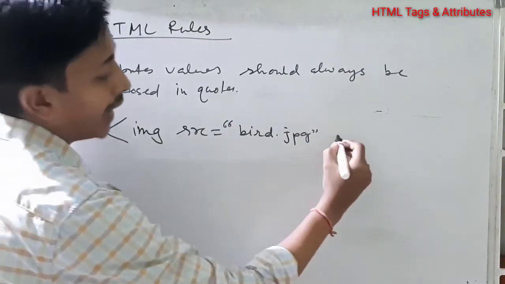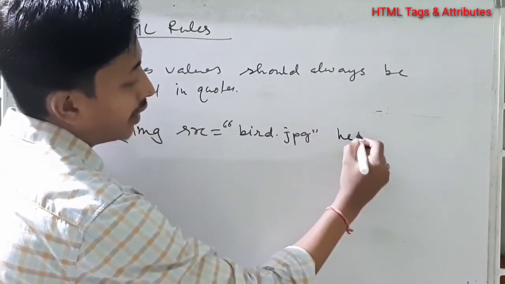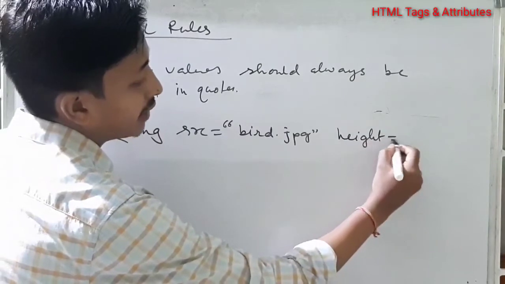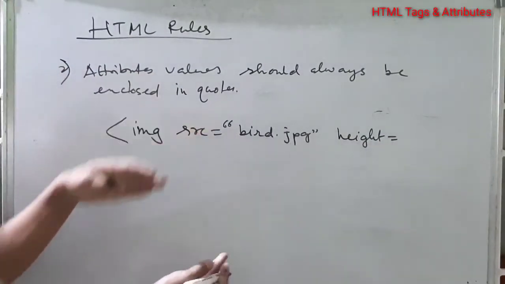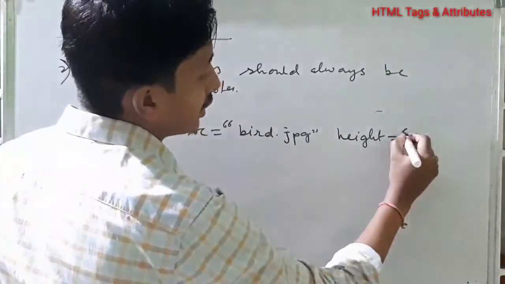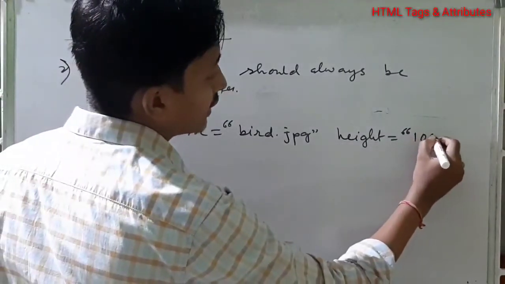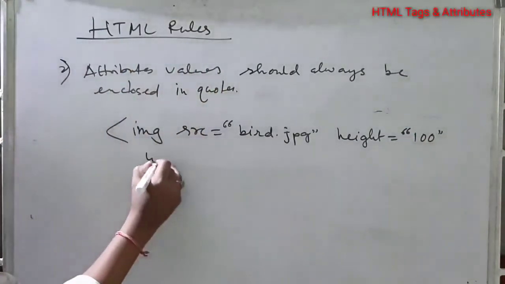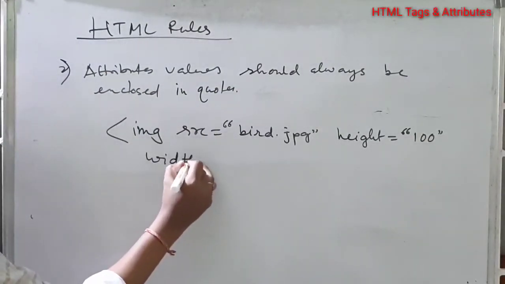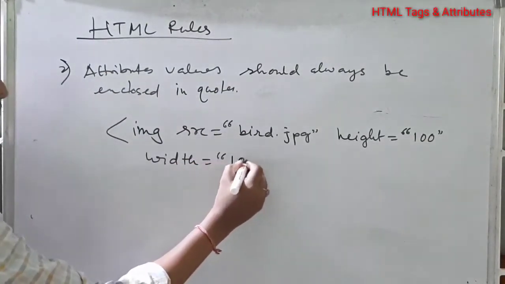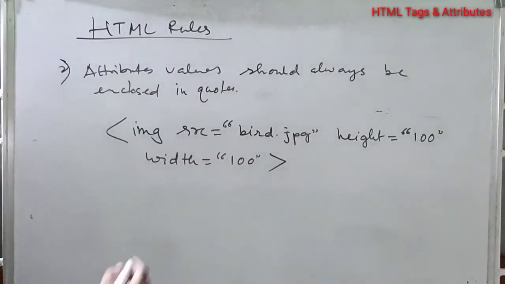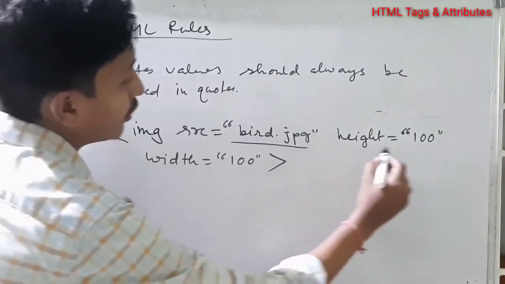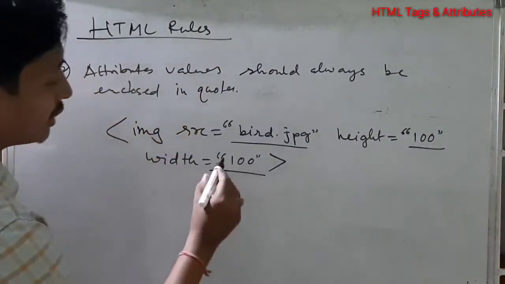After that, I can write the attribute height. Height means how much height you require in this image. Height equal to, in double quotes, say 100, and width equal to also 100. So the values you can see are in double quotes.